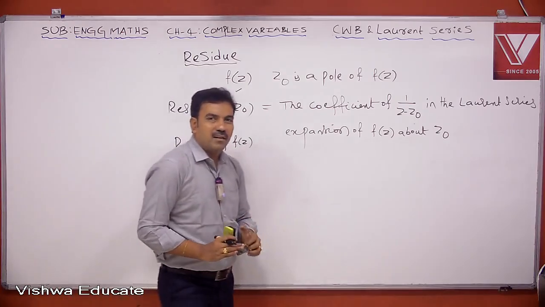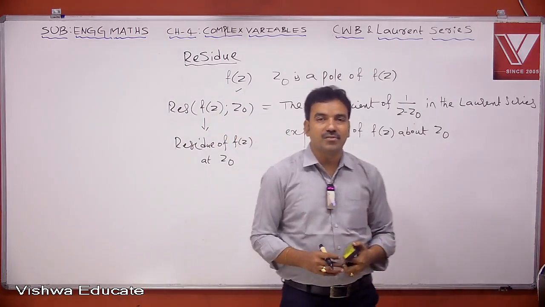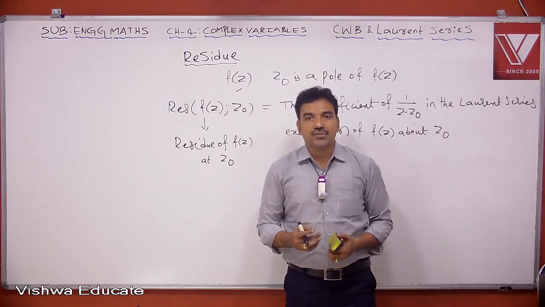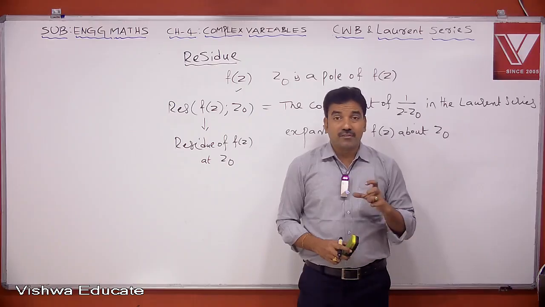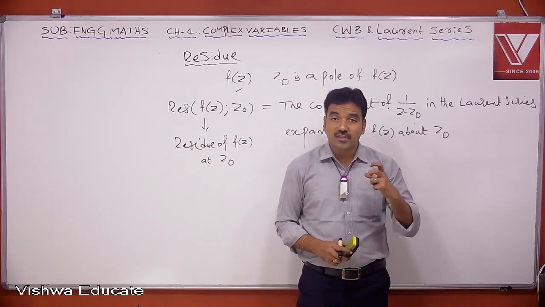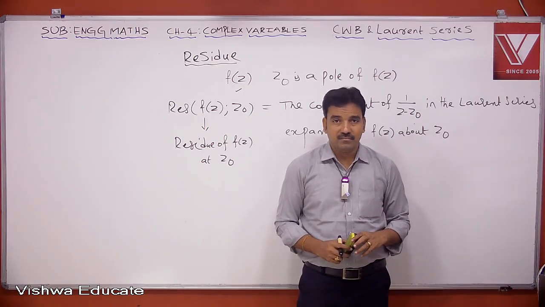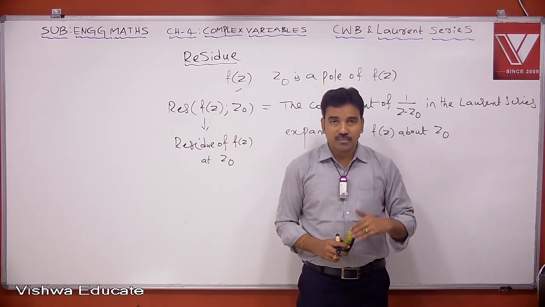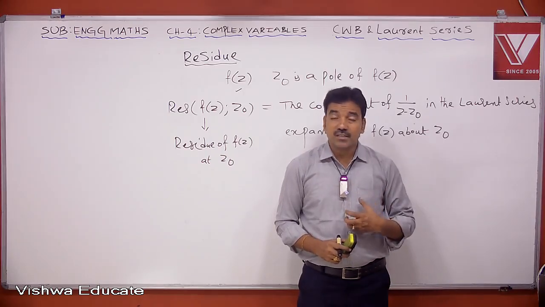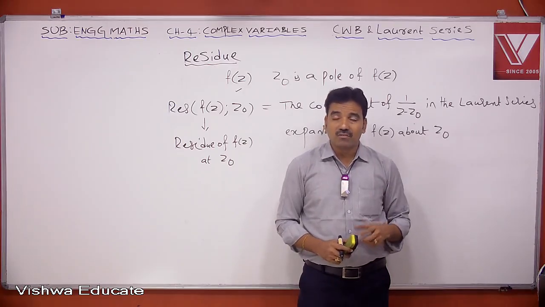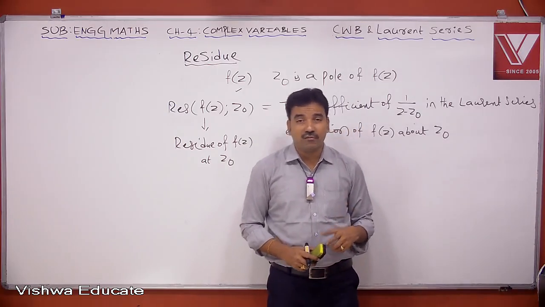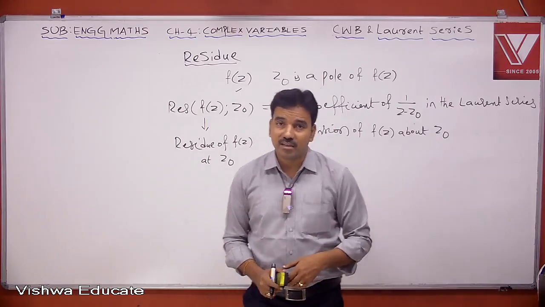Now, one practical issue in the definition is when you want to find residues of complex valued functions at any one of its poles, if the function is not flexible to go for its Laurent series expansion. My task is to find the residues of complex valued functions. As I mentioned earlier, residues are very powerful in contour integration.